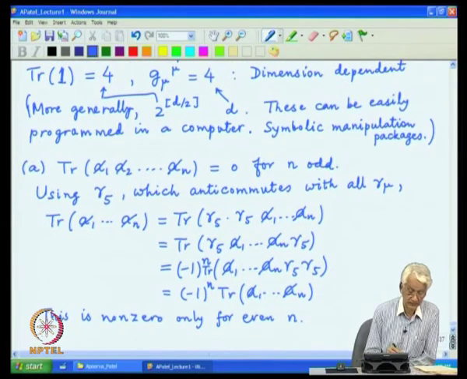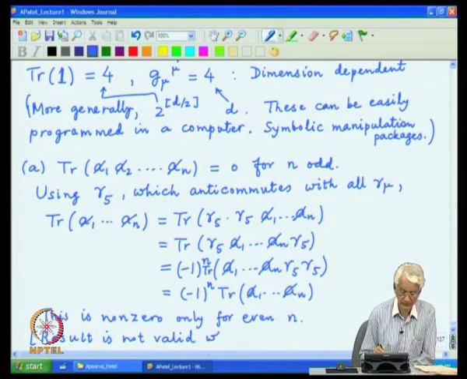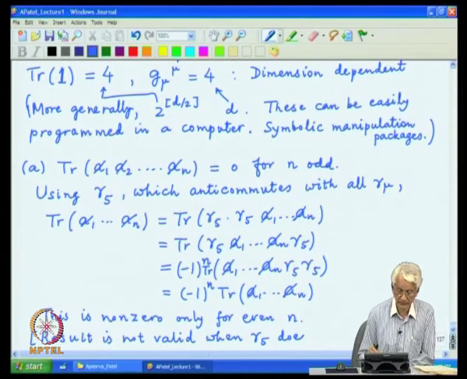So, we should take a caution that this result is not valid when gamma 5 does not exist.